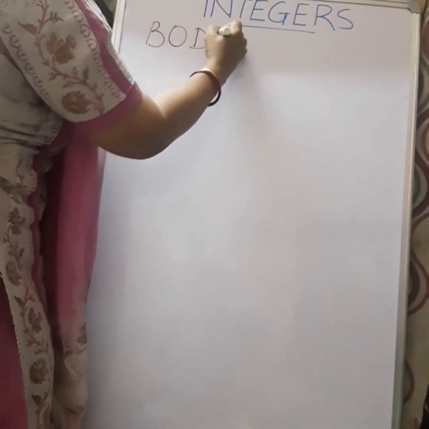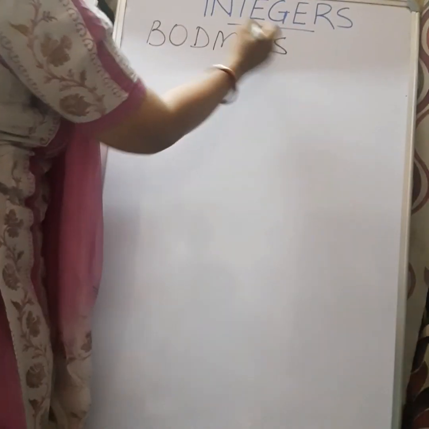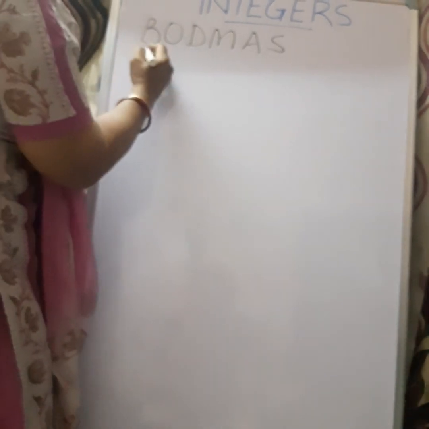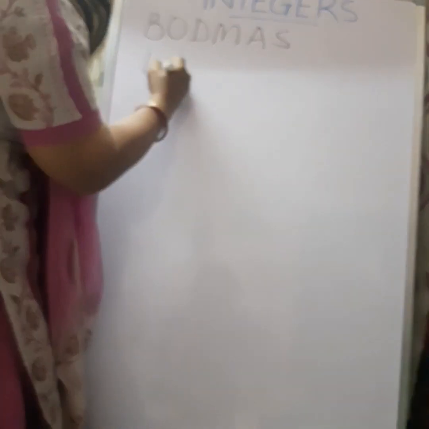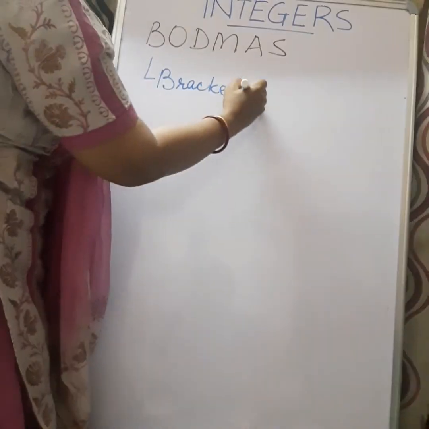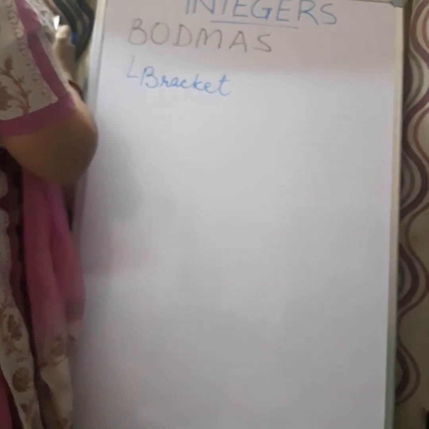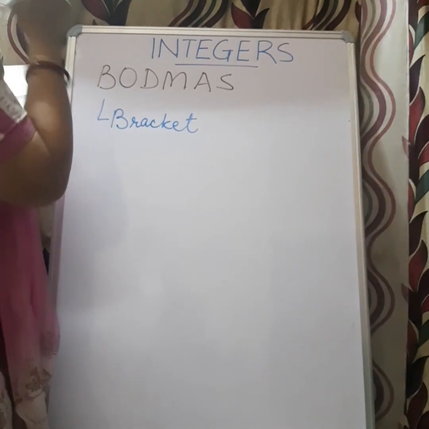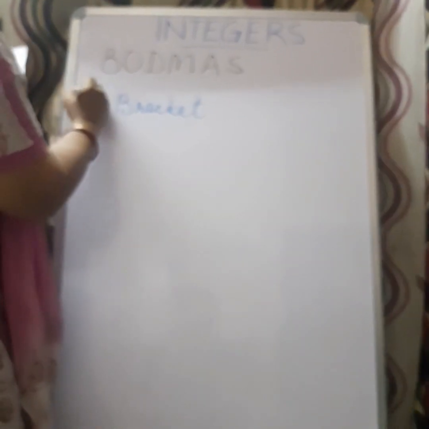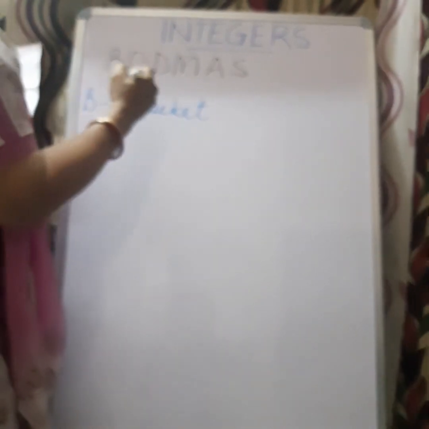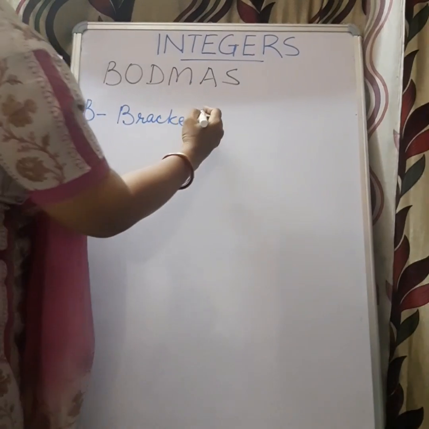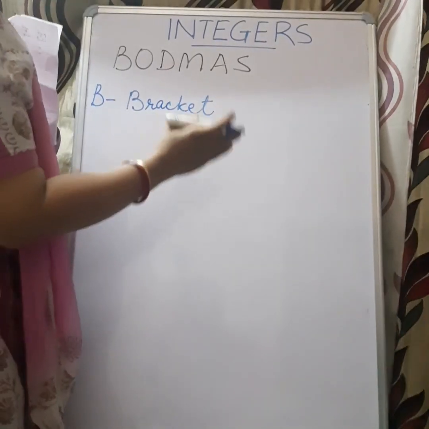So the BODMAS rule says first we have to solve the brackets. And among the brackets, we have different types of brackets, and those have to be solved in a sequence.